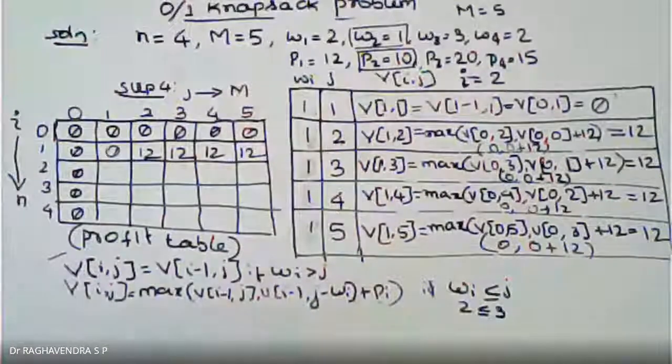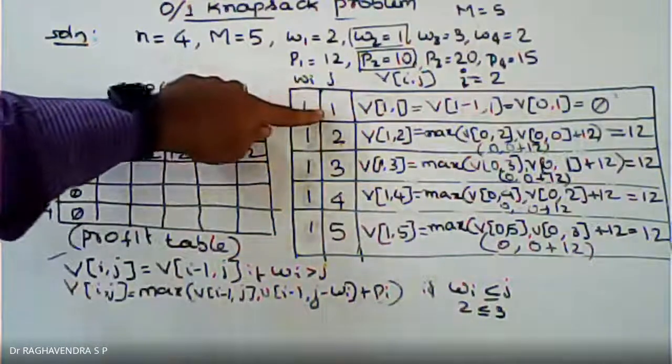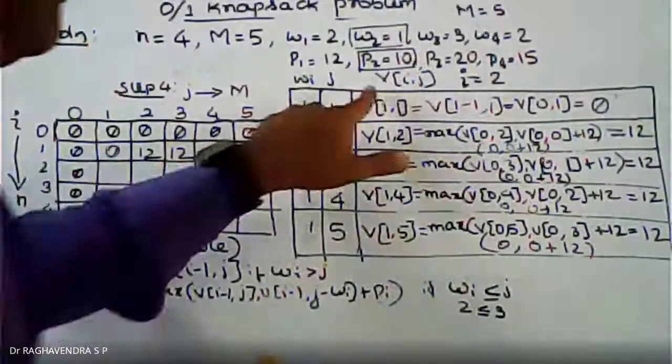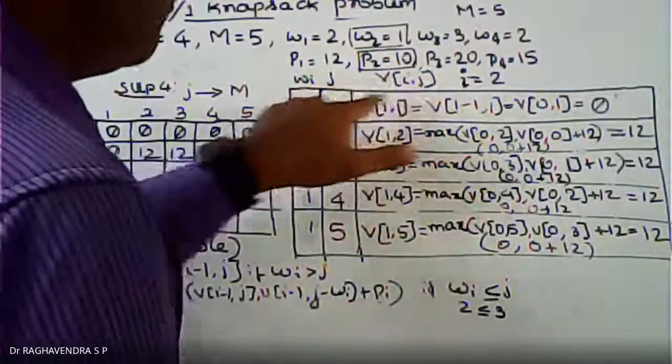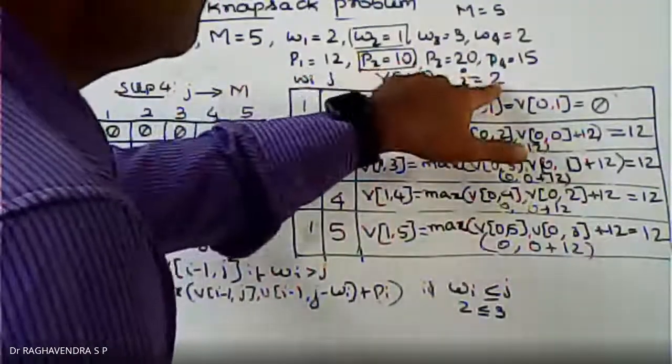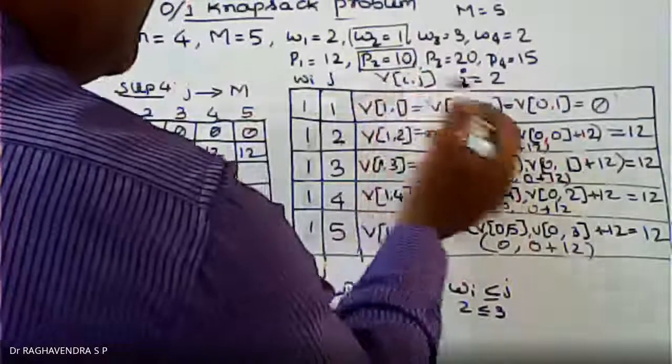And the J, once again, varies from 1 to 5. Next, we have to find out V of I comma J. I equals 2.